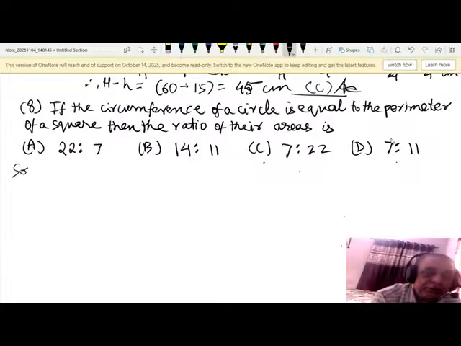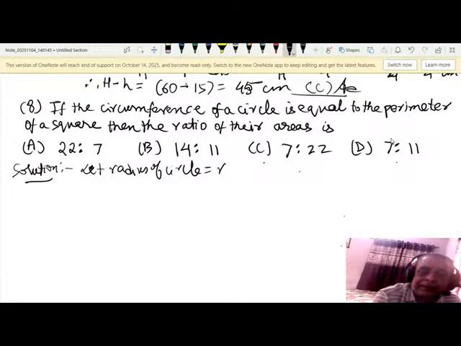Let the radius of the circle be R, and the length of the side of the square be x units.